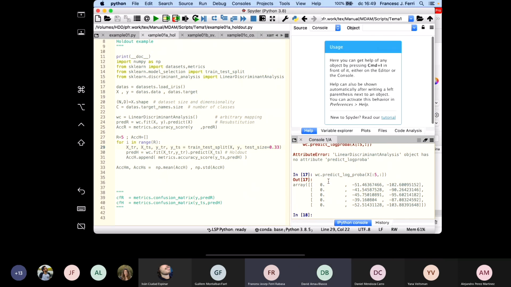Questions? No. Okay. In the next class, we are going to see these concepts of probabilities and decision functions in a particular case that involves Gaussian distributions.